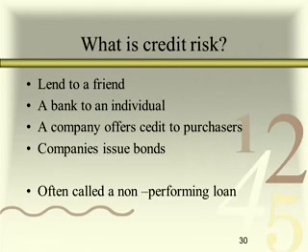These are often called non-performing loans. The reason we call them non-performing is there's no performance involved. You don't have to do anything. We're basing the loan on your credit. Now, oftentimes they're collateralized, but the loan itself was given based on your credit.